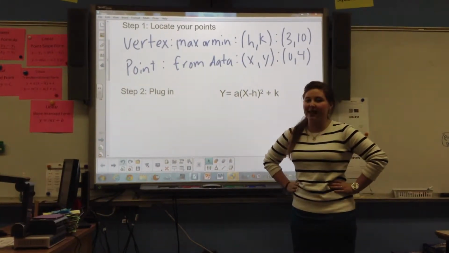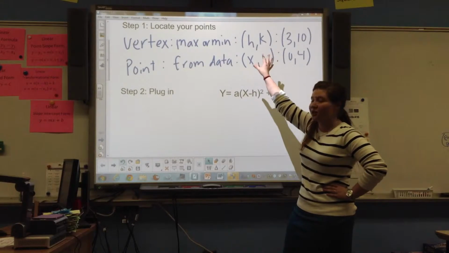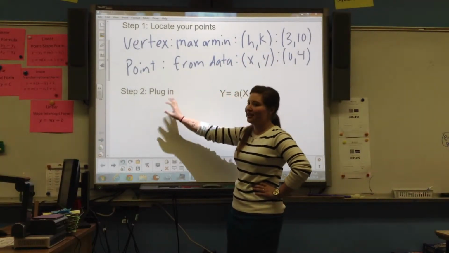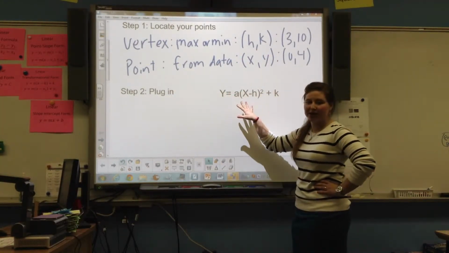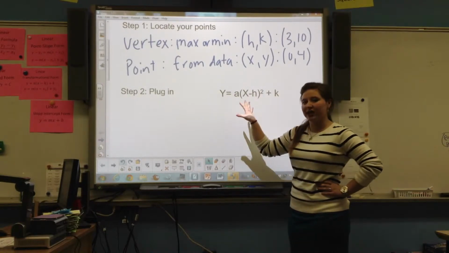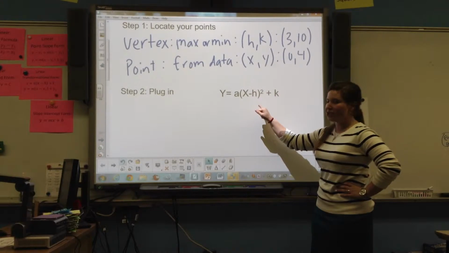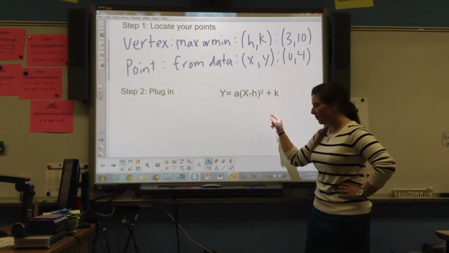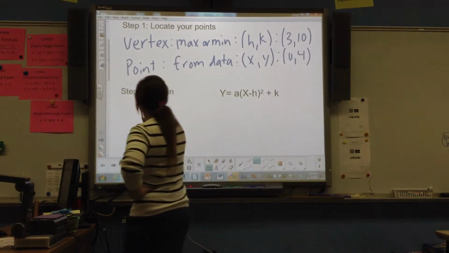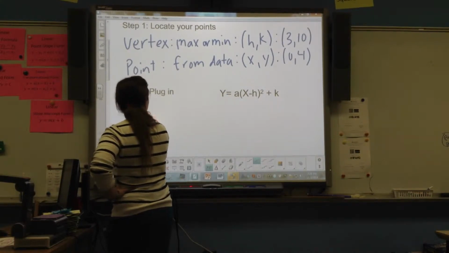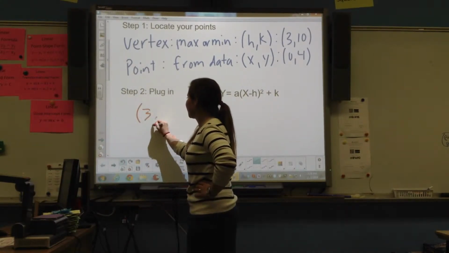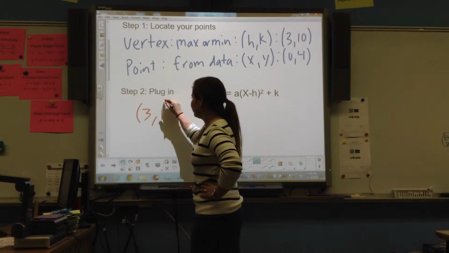Now we're going to move on to step 2 by taking this information we have here and plugging it in to this equation. This equation right here is our quadratic transformational formula. Y equals a times x minus h squared plus k. Now over here I'm going to rewrite my info. I have that my vertex is 3, 10.